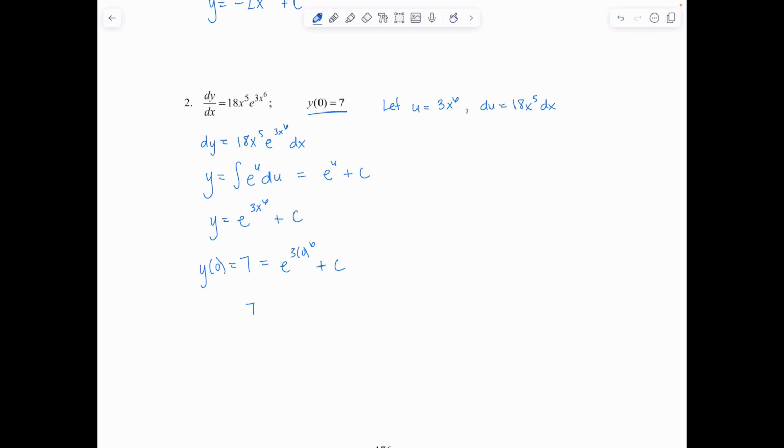So we'll have 7 = e^0 + c. So 7 = 1 + c, then c = 6. This gives us what we call a particular solution because we know what c is now: y = e^(3x^6) + 6.